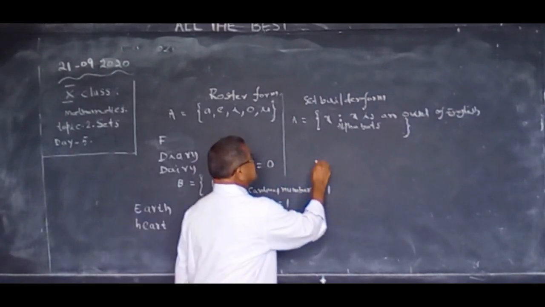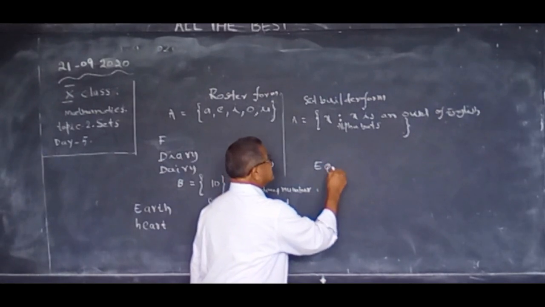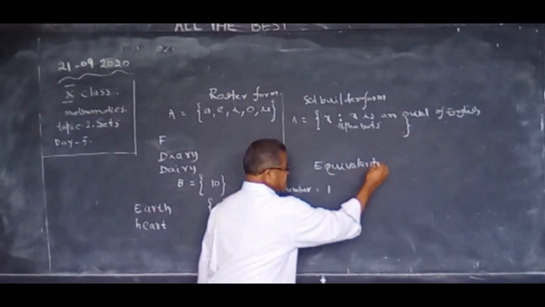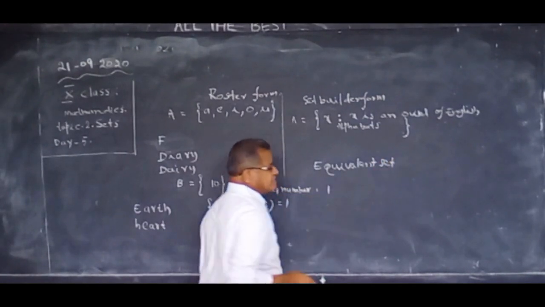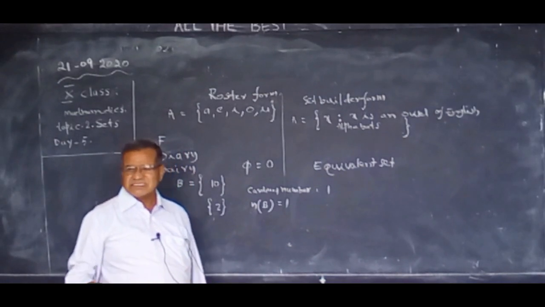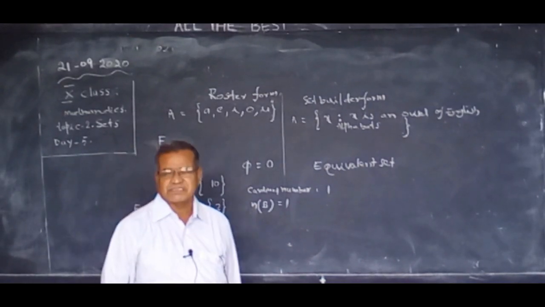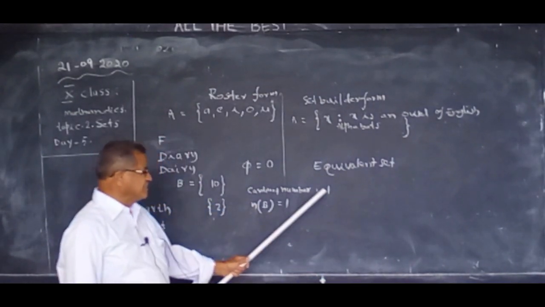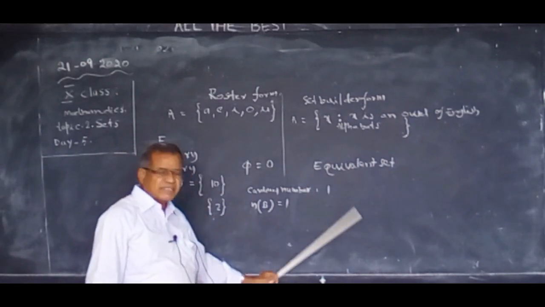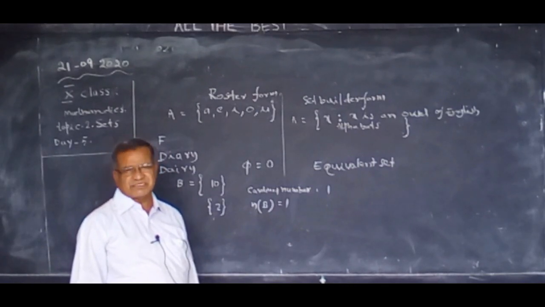What is an equivalent set? In this, two sets have the same cardinal number of elements. That means if set A contains 5 elements, set B also contains 5 elements.